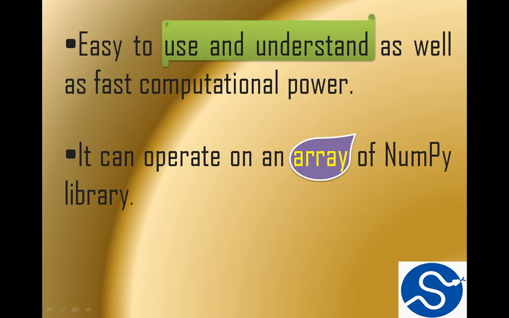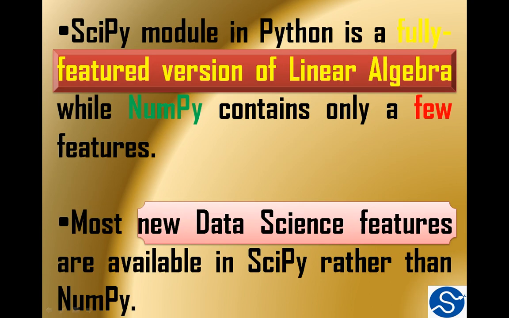This library, that is SciPy, is easy to use and understand, and has fast computational power. This library can operate on an array of the NumPy library. The SciPy module in Python is a fully featured version of linear algebra, while NumPy contains only a few features.